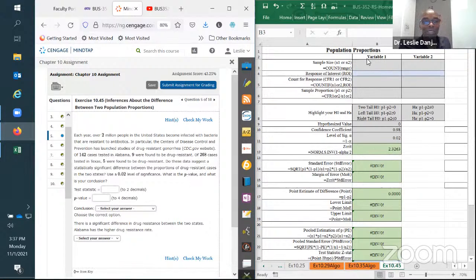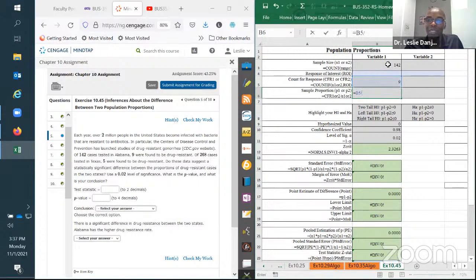Plug in your numbers, of 142 cases tested in Alabama, 9 were found to be drug resistant. So out of 142, 9, what is the proportion? It equals the small number divided by the bigger number.